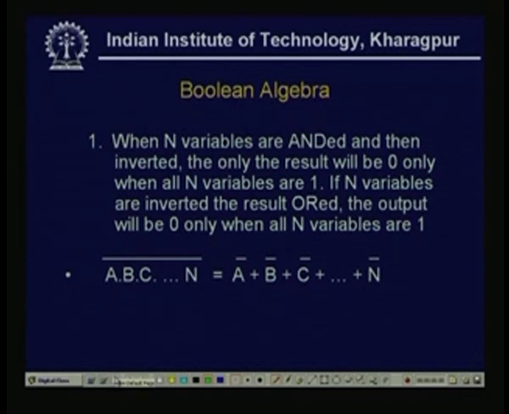Now, if we take the thing, what is written is that a, then b, it is ANDed, c up to say n such variables, and then the whole thing is inverted.